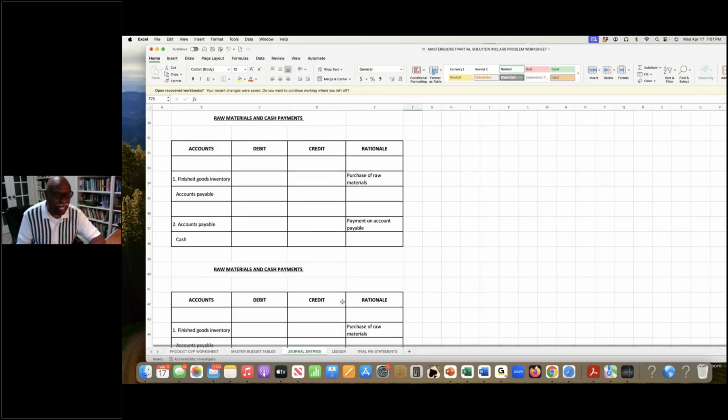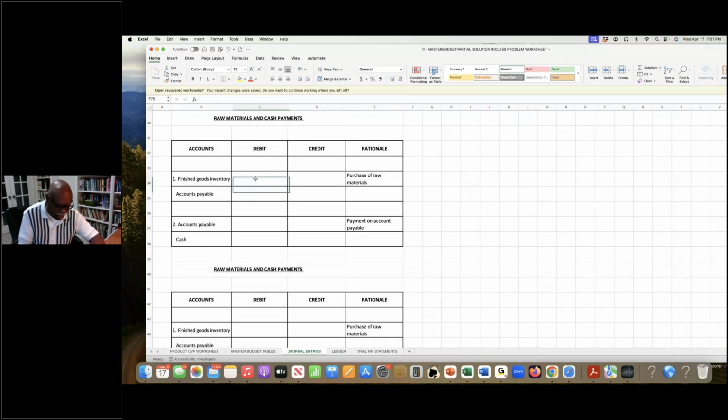For the ink, I debit finished goods inventory, because we're completing everything, and credit accounts payable for 94,000. Then the accounts payable was 86,500. Any questions?